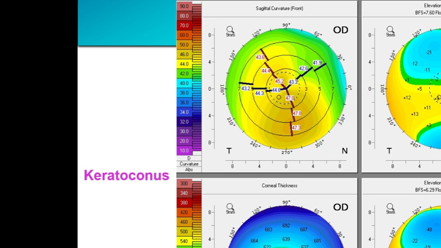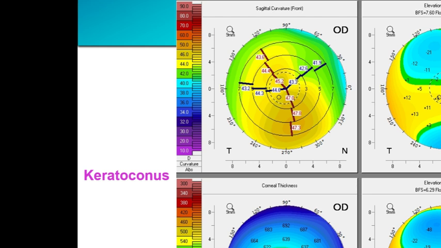Whenever we see abnormal anterior curvature map, as you see, it is abnormal. We find that there is inferior steepening, let's say that it is not that large, with skewed radial axis. However, any abnormality on the anterior curvature map which is accompanied with abnormal posterior elevation map. How do we know?